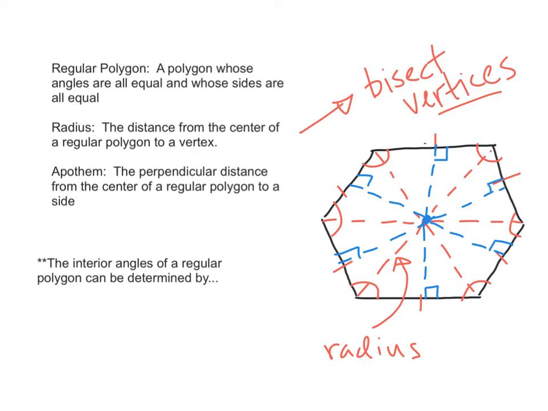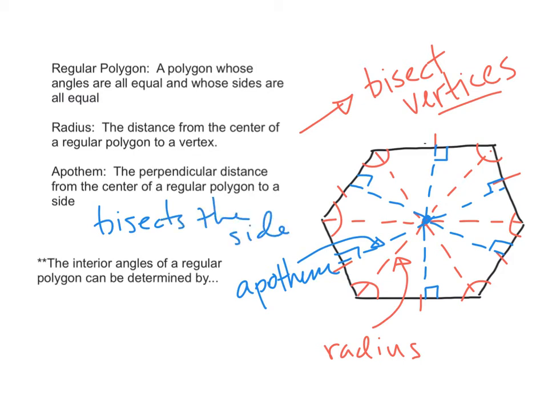So lots of stuff right there. And so in the blue, that's your apothem. And the apothem also bisects the side. That's another key part right there. So it actually splits these sides in half as they go.